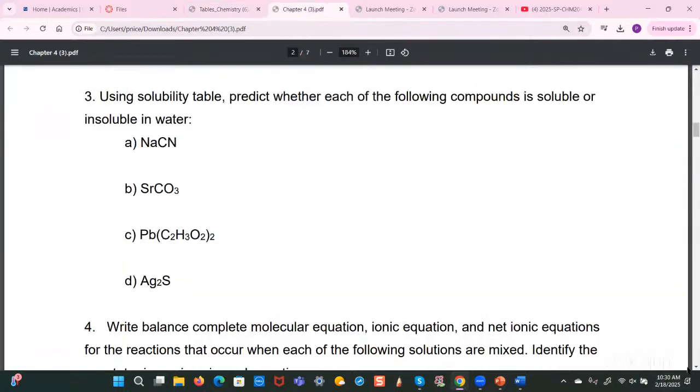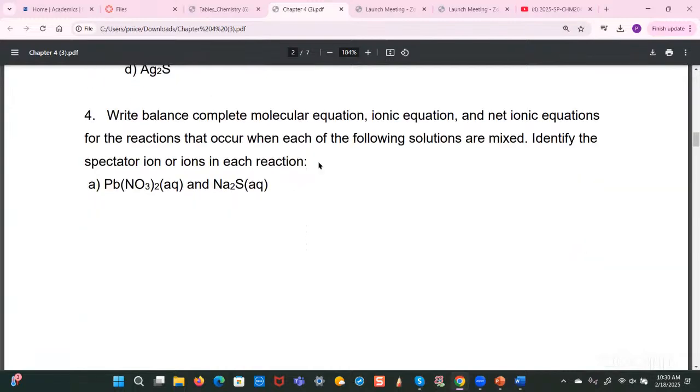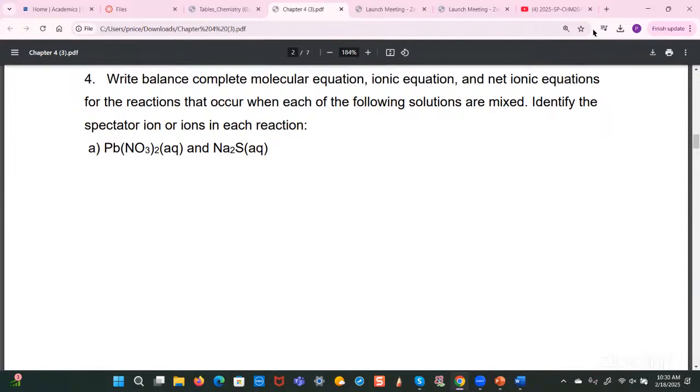Okay, now in the case of number 4, it says write the balanced complete molecular equation, ionic equation, and net ionic equation for the reactions that occur when each of the following solutions are mixed. Identify the spectator ion or ions in each case. I think we did some examples of this earlier, so let me help you with this one.